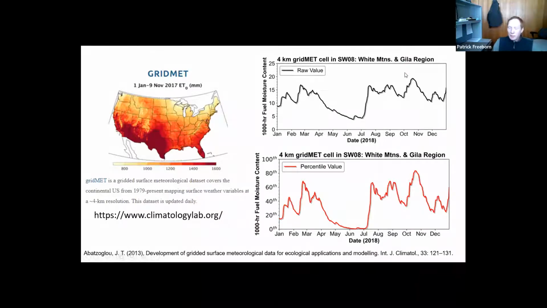And so to account for those geographical differences in climate, as well as the different relationships between fuel moistures and fire activity, what we did is we translated those raw values into percentile values, okay, such that the 100th percentile indicates the wettest conditions in that 4-kilometer grid cell, and the 0th percentile indicates the driest conditions in that grid cell.